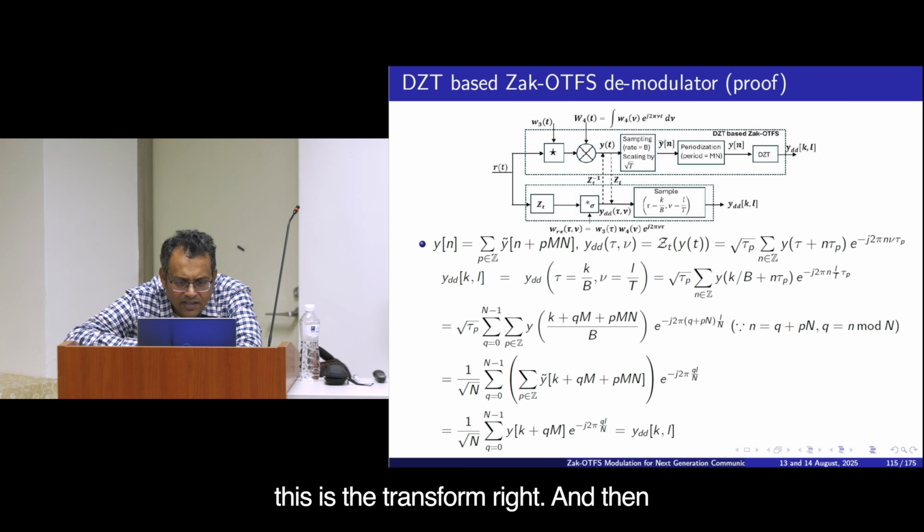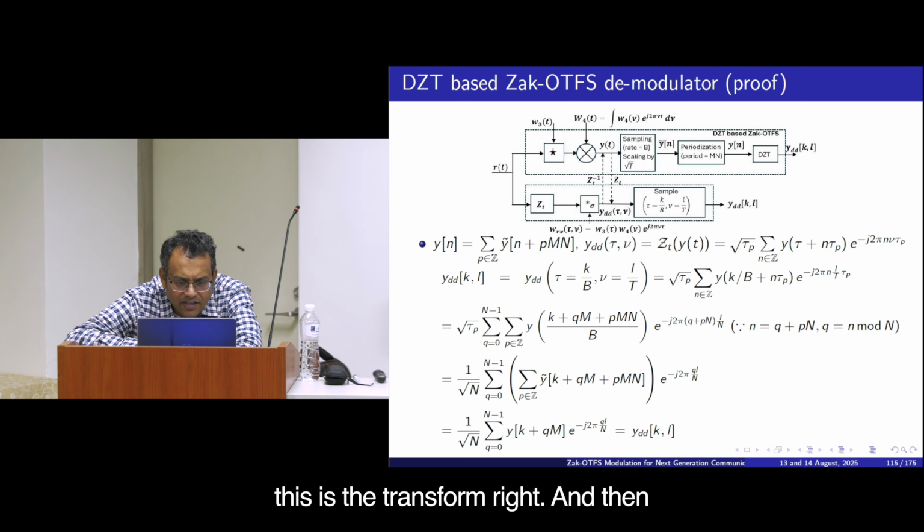I will replace the summation variable n with two summation variables, one is q, the other is p. p is going from minus infinity to plus infinity, but q is only between 0 to N minus 1, because the way I define q, q is defined to be small n modulo capital N. So, that is why q can take values only between 0 to N minus 1.